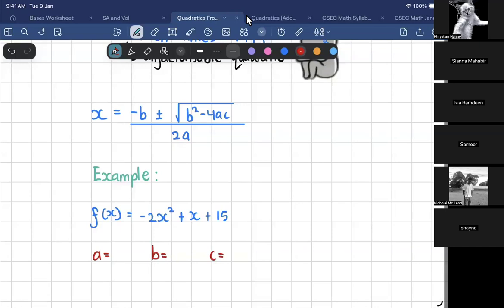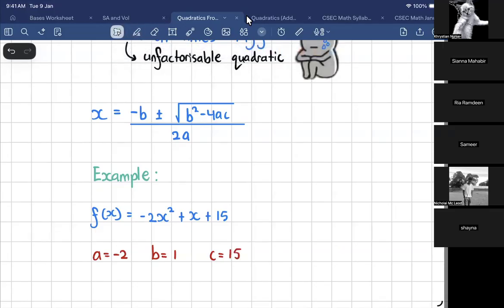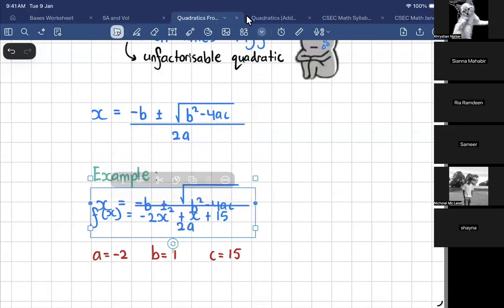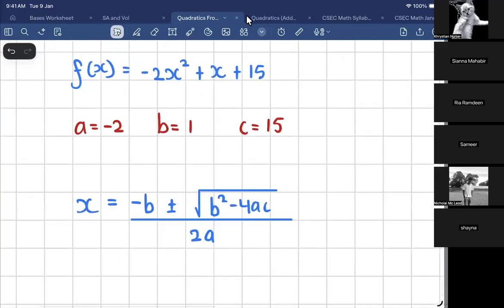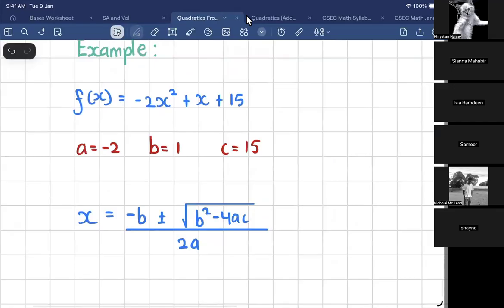A is -2, B would be 1, and C would be 15. So if you want to find the roots of a quadratic, you would use this formula.